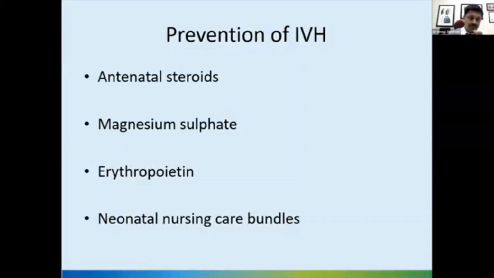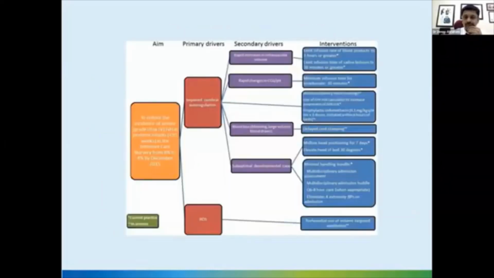Neonatal nursing care bundles have again been shown to be very effective in decreasing the incidence of IVH. So this is one of the models of intervention in the NICU which have proved to be effective.